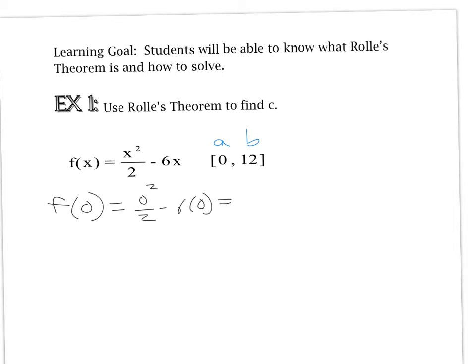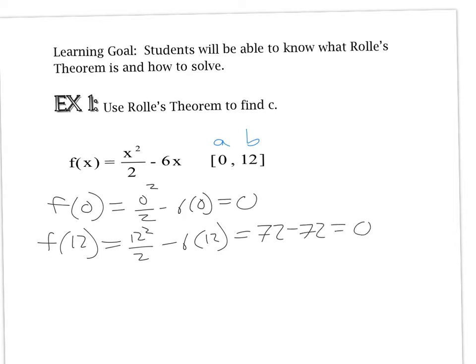Sure enough, that's 0. And then we could check f of 12, and this would be 12 squared over 2 minus 6 times 12. Hopefully you can tell, this is 144 divided by 2 is 72, and 6 times 12 is 72, and so this also equals 0. So yeah, it is a Rolle's theorem problem.